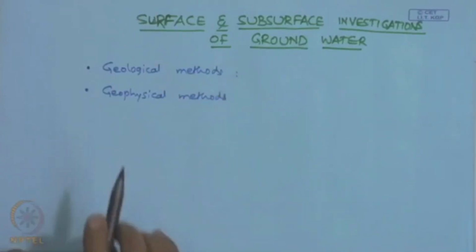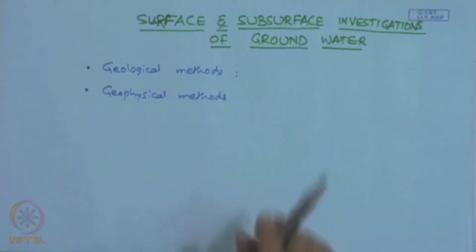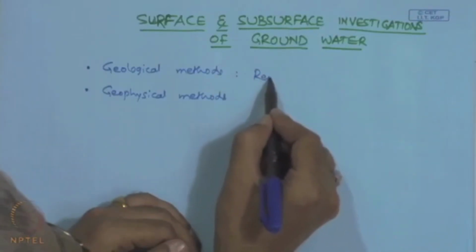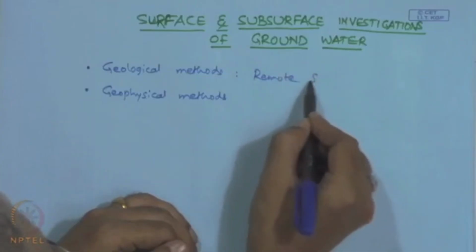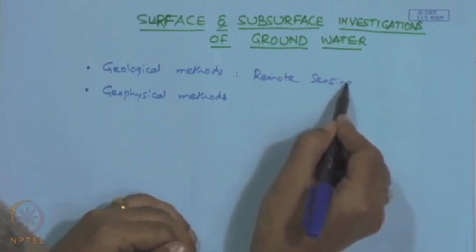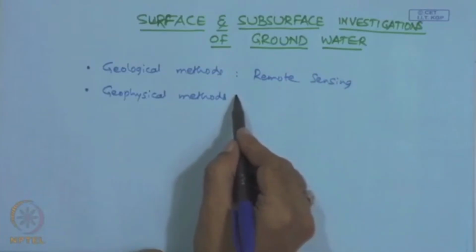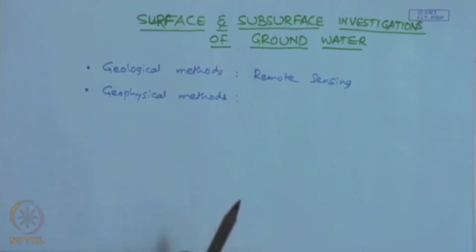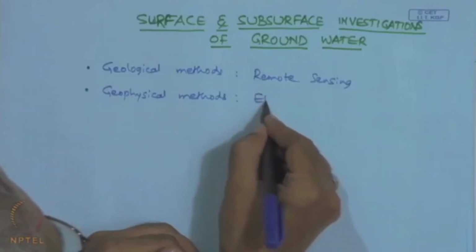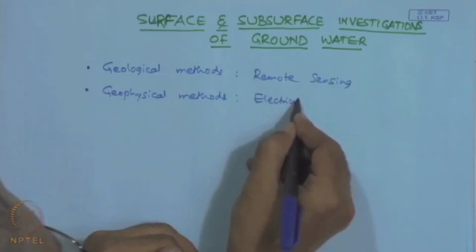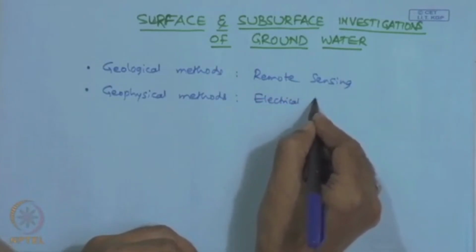In the geological methods, let us discuss remote sensing, and in the geophysical methods, let us discuss electrical resistivity.